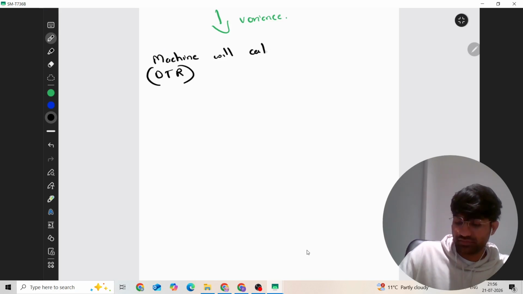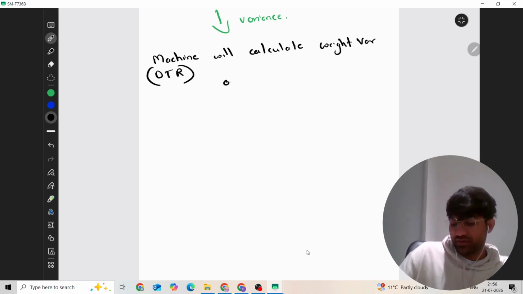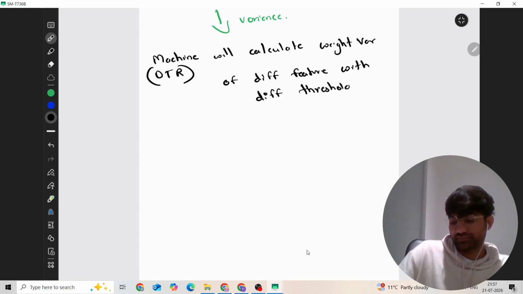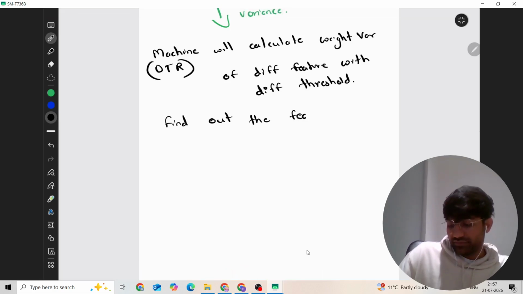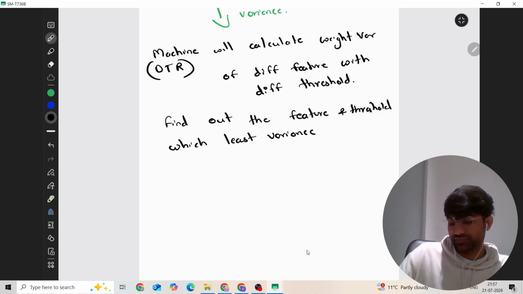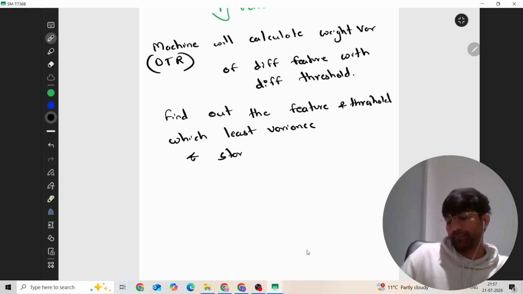Decision tree regressor will calculate the weighted variance of different features with different thresholds. Finally it will find the feature and threshold which has the least variance, and start splitting the data.